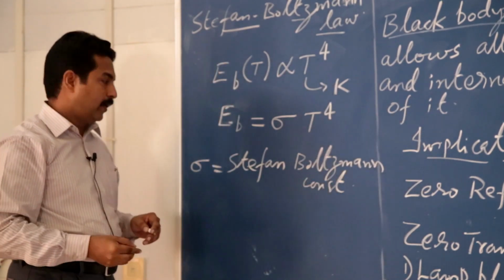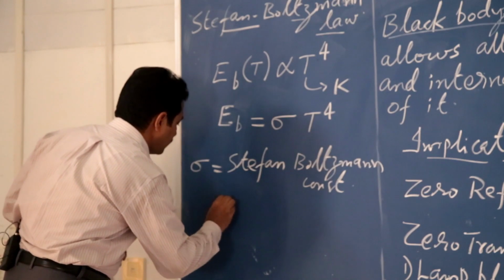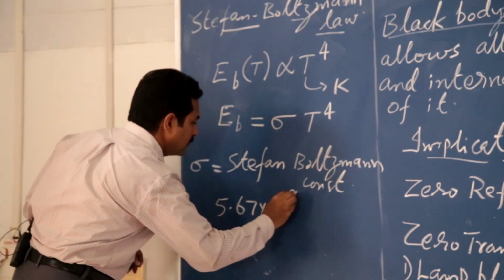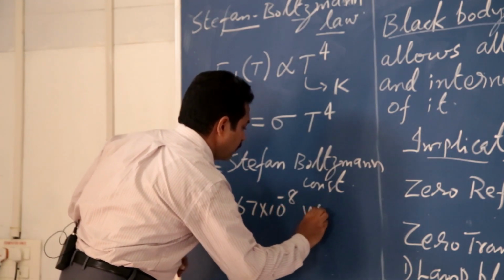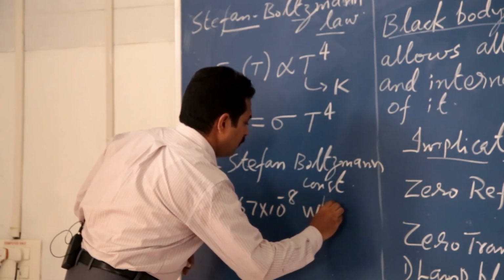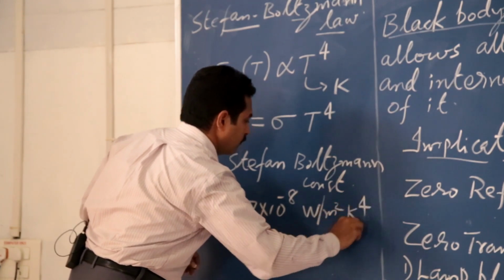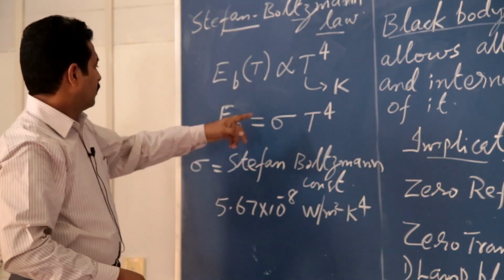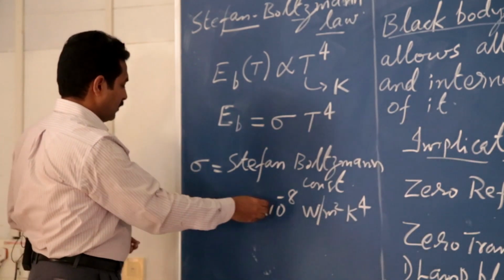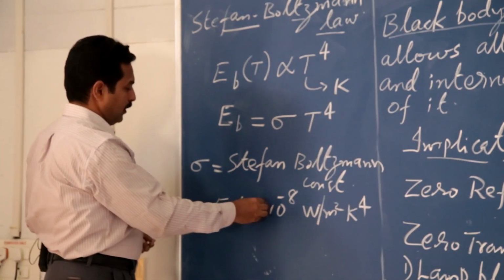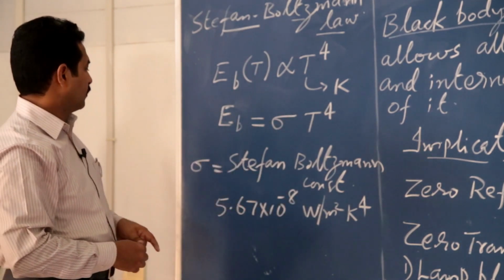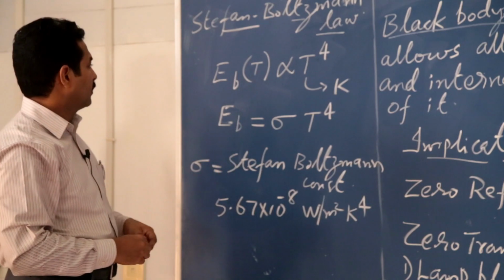Its value we can remember very easily: 5.67 into 10 raised to minus 8 watt per meter square Kelvin raised to 4. That is the value of the Stefan-Boltzmann constant.